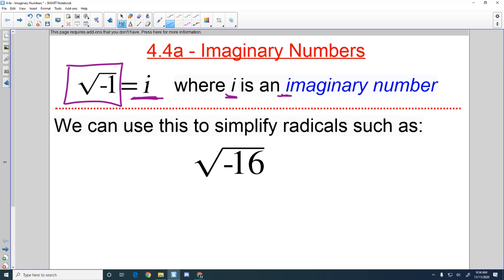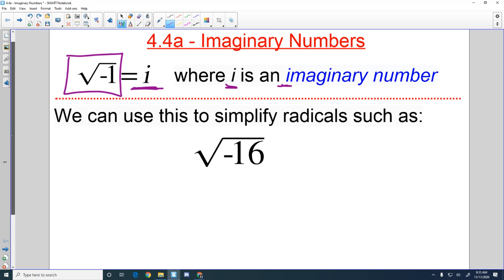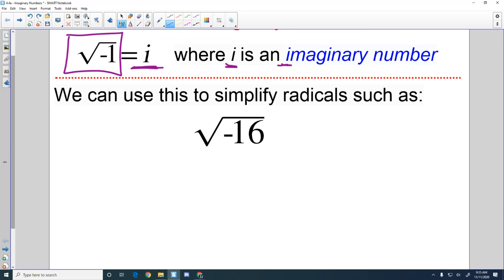Now, what the heck is the point of this? Well, if you look at that problem down at the bottom, I've got the square root of -16. Normally we'd say, oh, there's no answer. That doesn't exist, because there's no number times itself that equals -16. But knowing this new fancy imaginary number, let's make a factor tree for this, and separate it out just like we did when simplifying radicals of larger numbers.